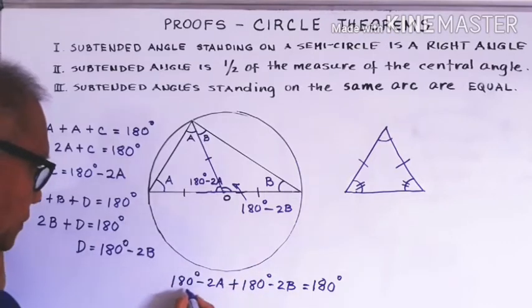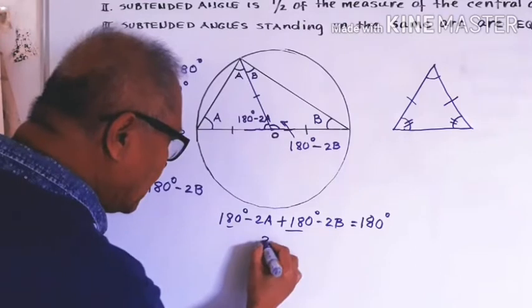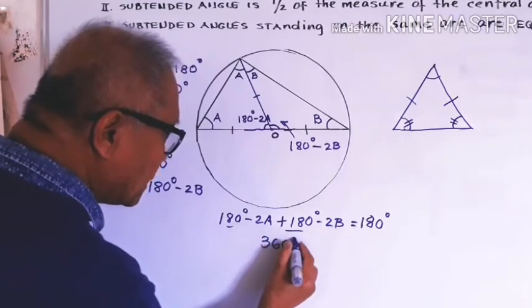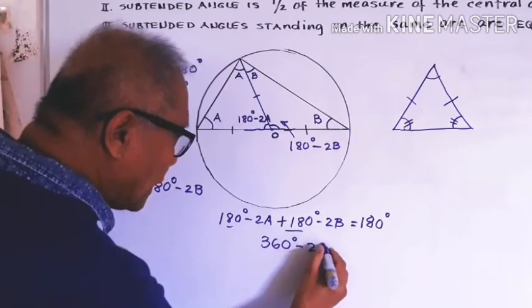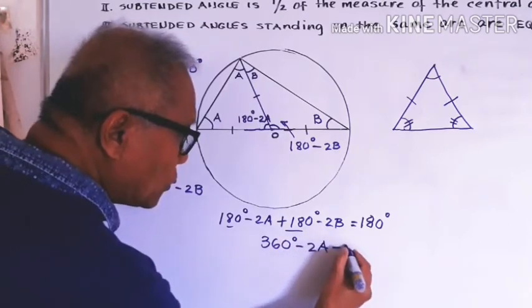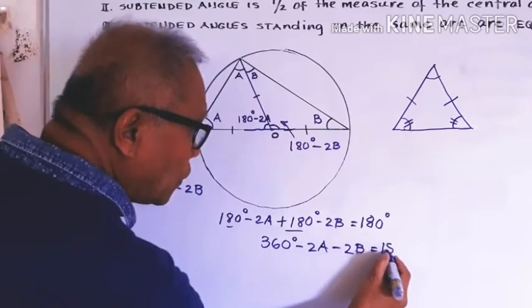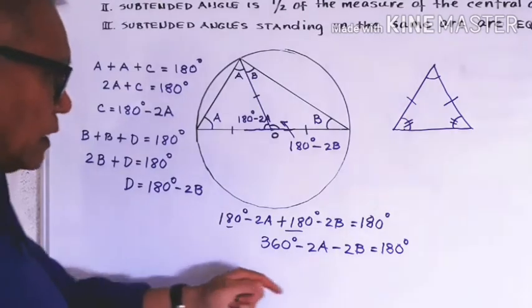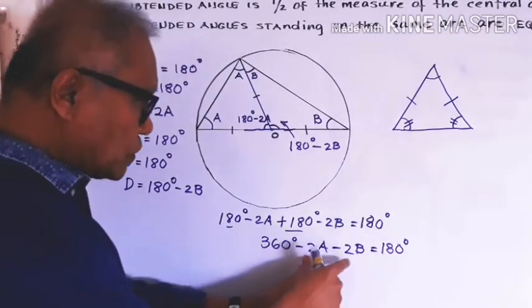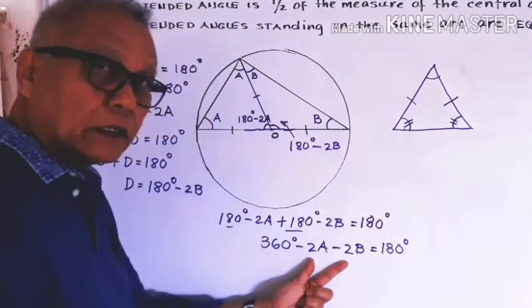Now we combine like terms: 180 plus 180 is 360 degrees, minus 2A minus 2B, is equal to 180 degrees. Now we transpose minus 2A and minus 2B to the right.